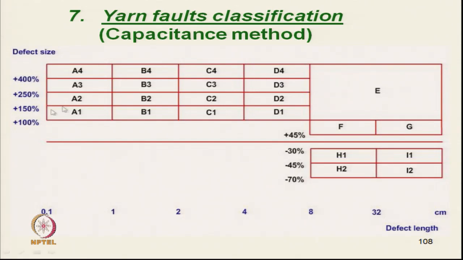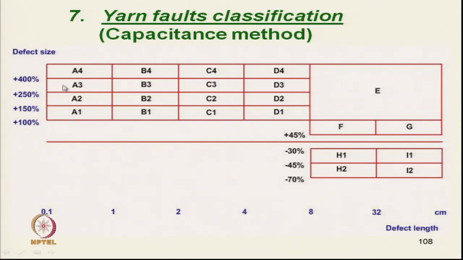Okay. A1 means the fault which is up to 1 centimeter in length and plus 100%, that means 2 times the mean mass per unit length, whereas A4 means the thickest among the A group, that means any length up to 1 centimeter with a mass per unit length of plus 400%, that means almost 5 times the mass.